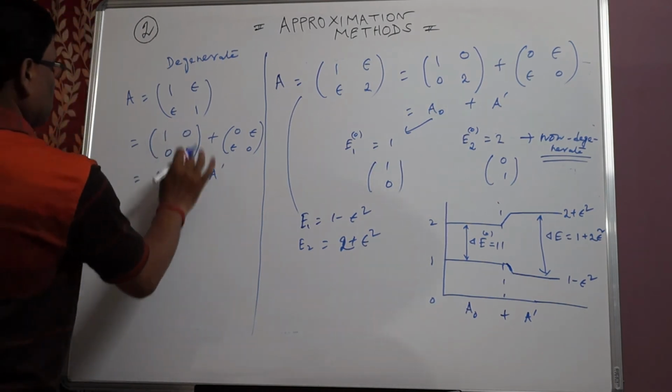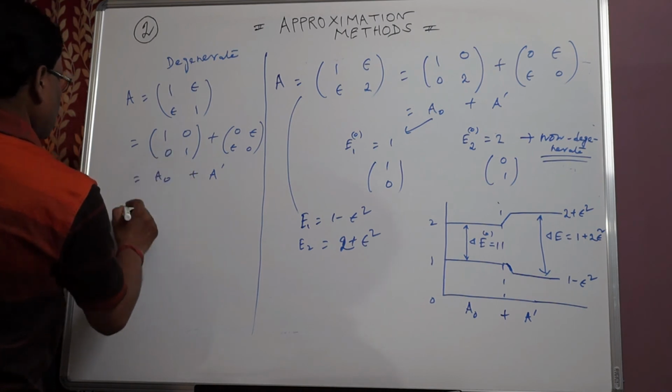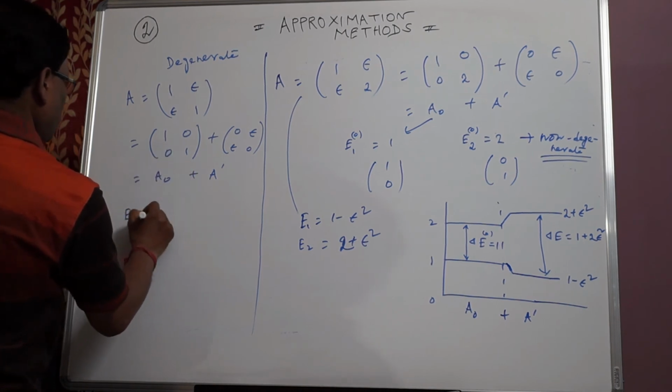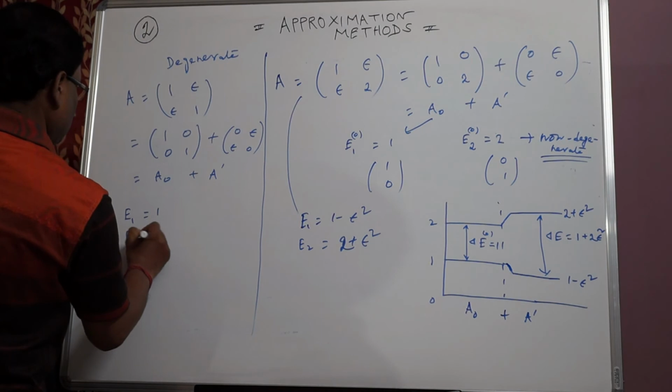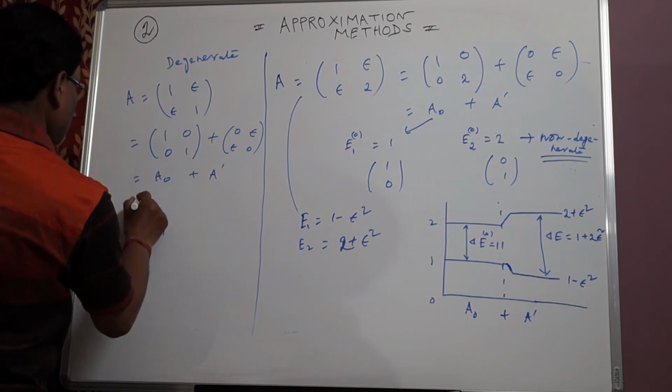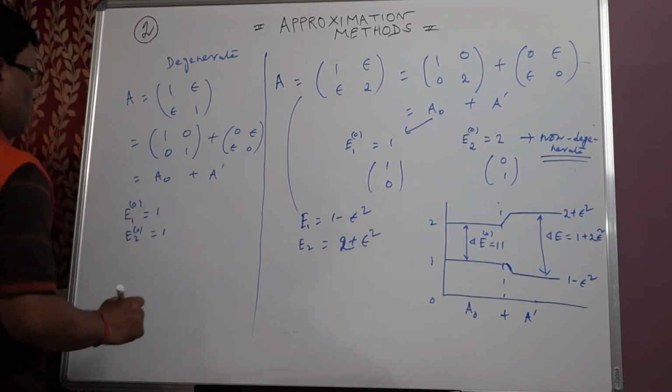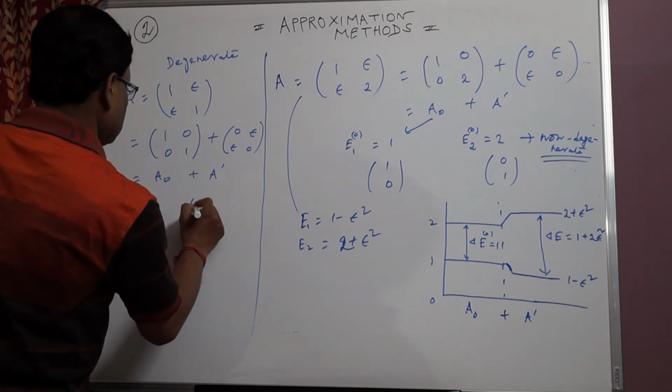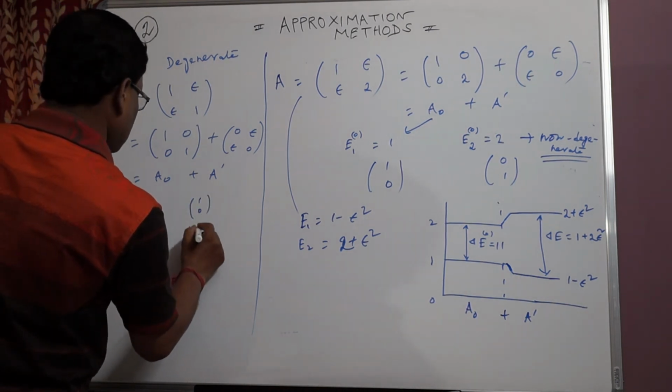In this case the two eigenvalues are E1 equal to 1 and E2 equal to 1, with eigenfunctions (1, 0) and (0, 1).